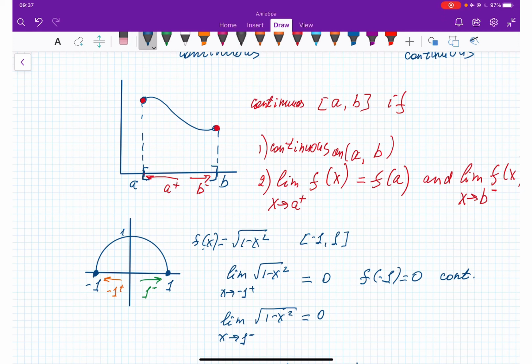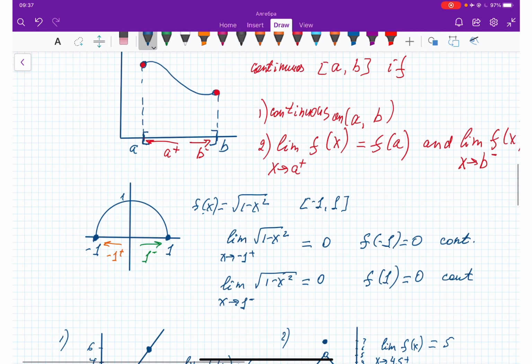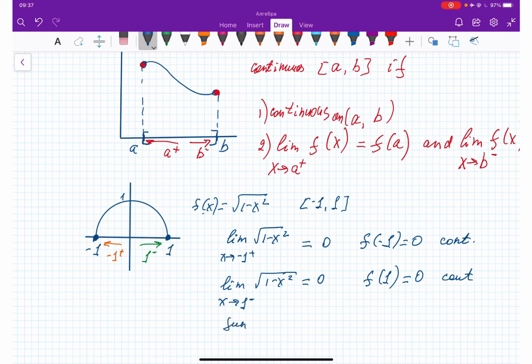And at the same time, f of 1 is going to be equal, again, 0. Yes? And it is still continuous. If both one-sided limits are equal to the function values, then we say the function is continuous on interval negative 1, positive 1.